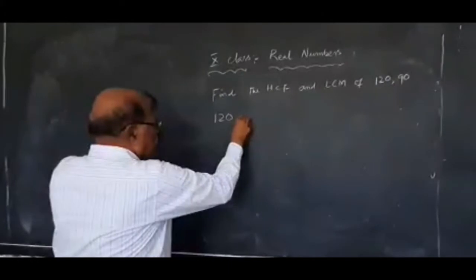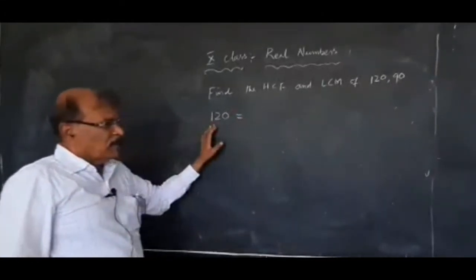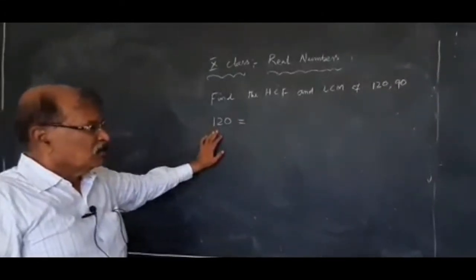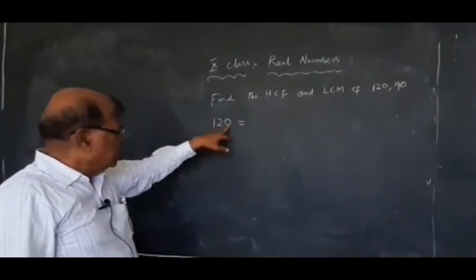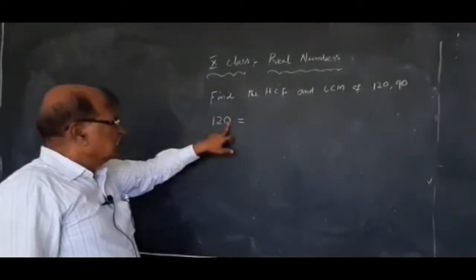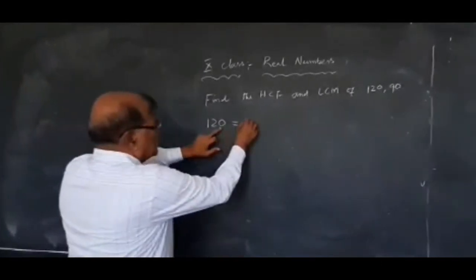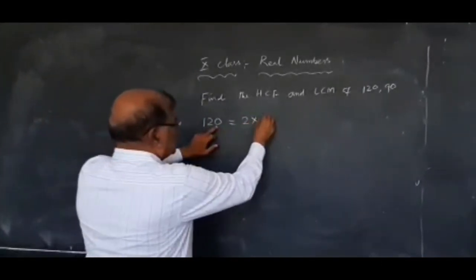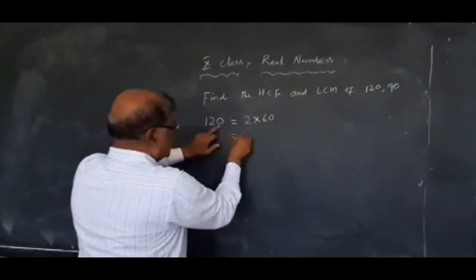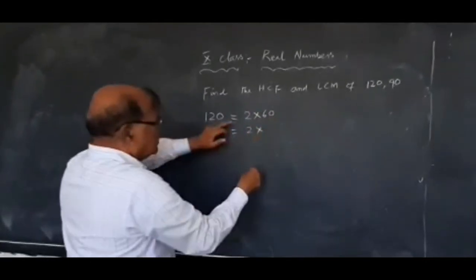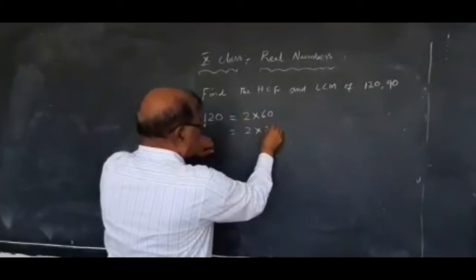There are 2 or 3 methods to find the factors. So we have 0, which means it is divisible by 2. 2 into 60. Write 2 as it is. Again you have 0, 2 into 30.